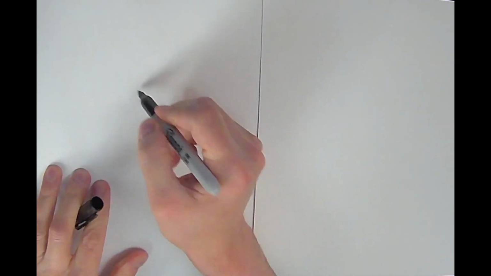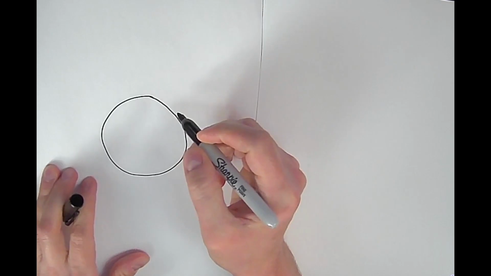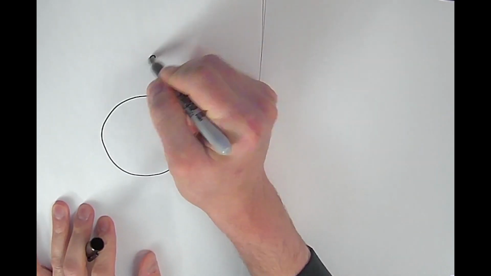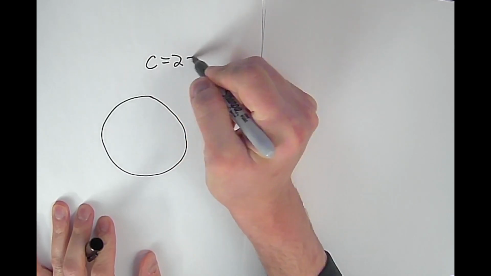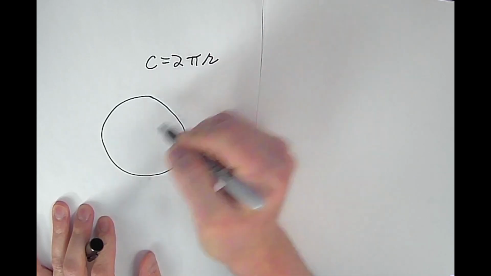So let's do the girdle around the earth problem. Let's give a top-down view of the earth and the girdle. Okay, so we know that the circumference is equal to 2 pi times r.